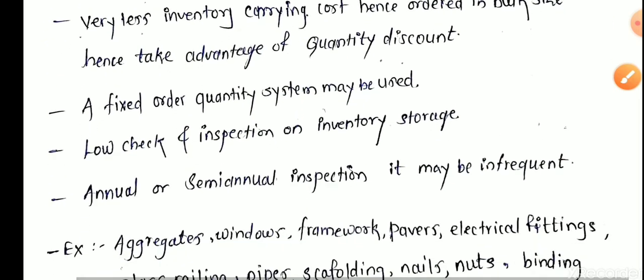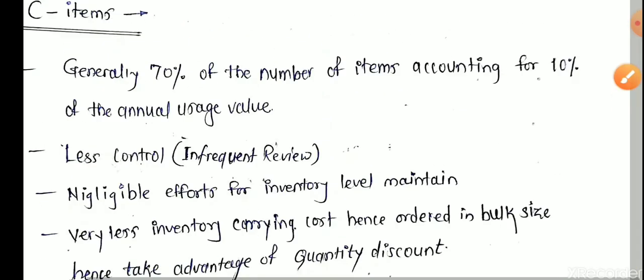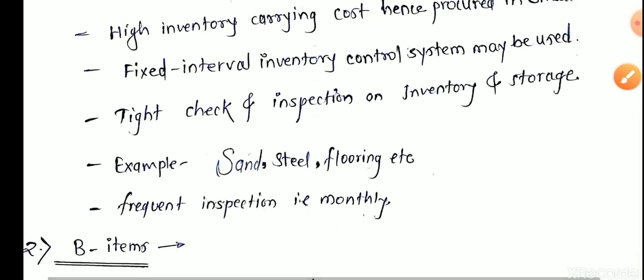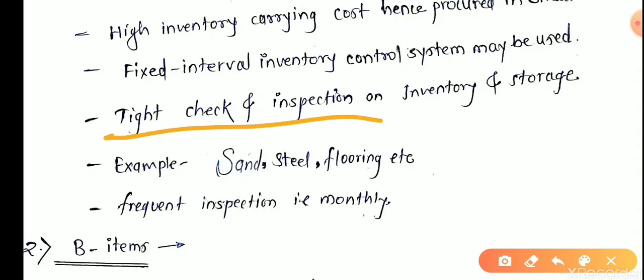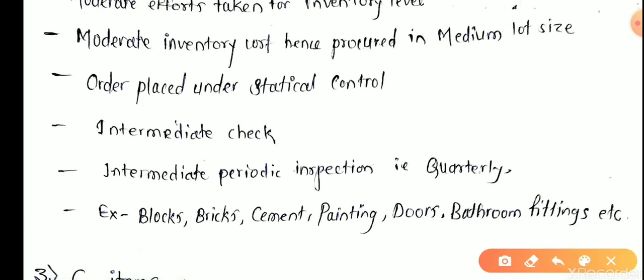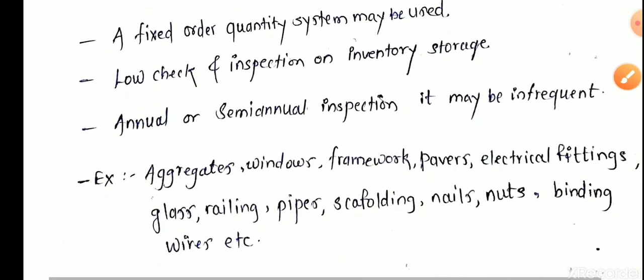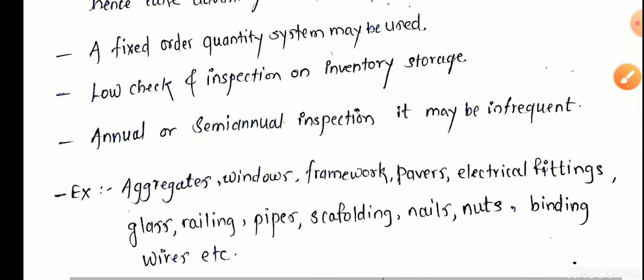We can give a fixed inventory or time period to order it. Low check and inspection on inventory storage. As per A type of items, we get tight check and inspection on inventory storage, and frequent inspection, that is monthly. B type of item gets intermediate check and intermediate periodic inspection, that is quarterly or every 2 months.